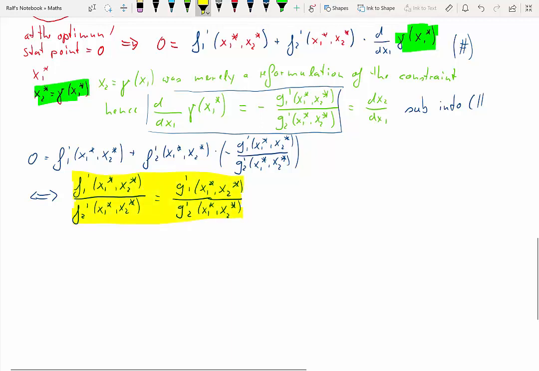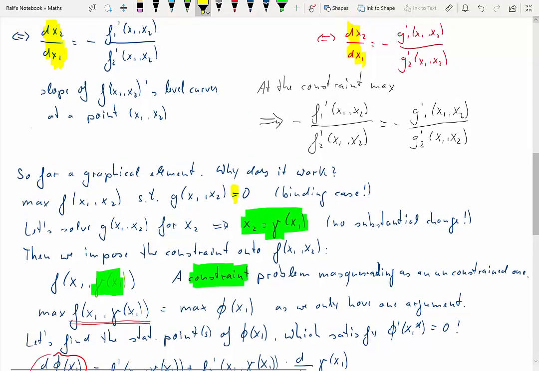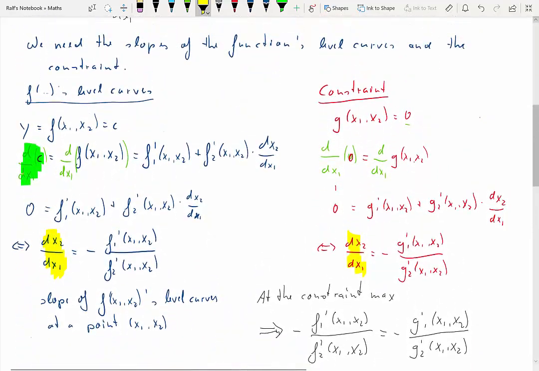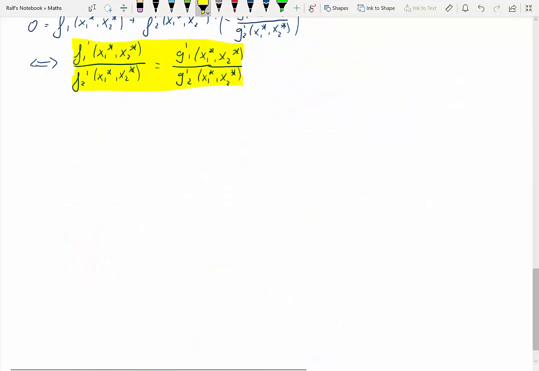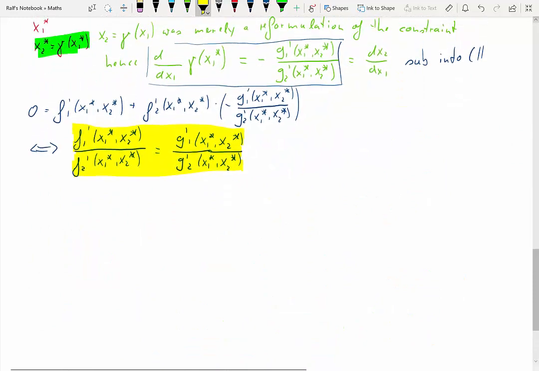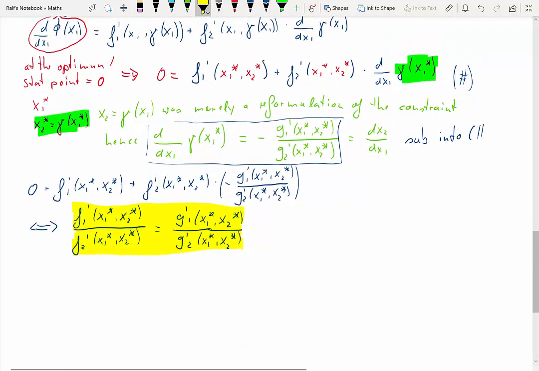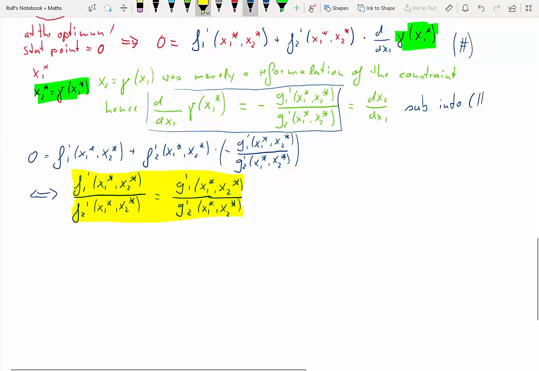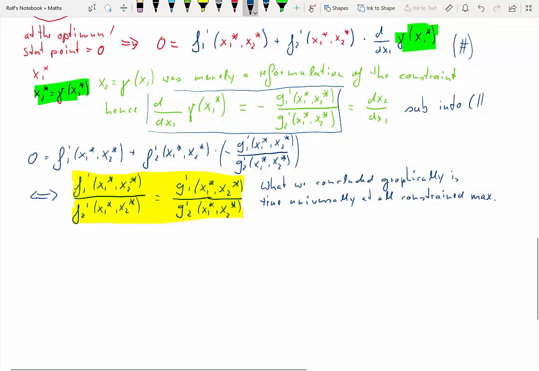This relationship looks terribly familiar because it is exactly the relationship between the first order partial derivatives of f and g which we established after looking at the graphical commonalities of constraint maxima. The ratio of the first order partial derivatives in the f function is identical to the ratio of the first order partial derivatives in the constraint function g when these two ratios are evaluated at the constraint maximum.